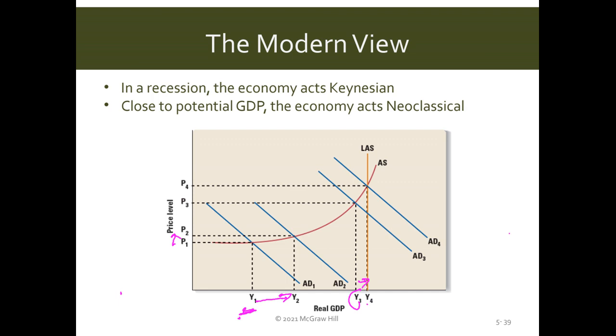So that is a dilemma, because when government tries to reduce unemployment, it will create inflation. And when government tries to decrease inflation, it will create unemployment. So there's no fixed solution to these two problems together.